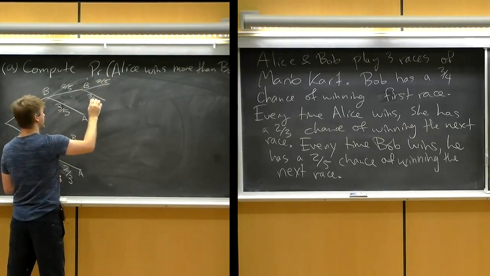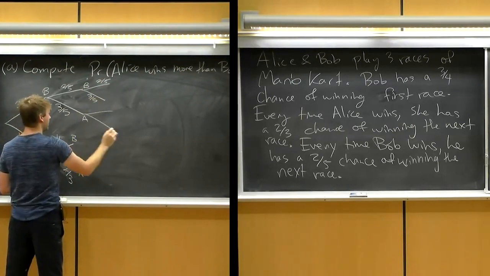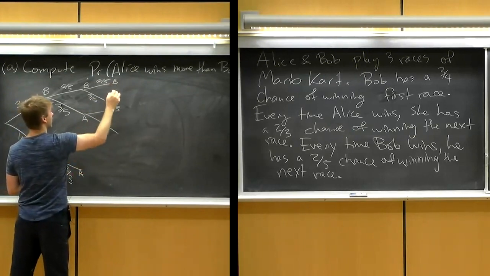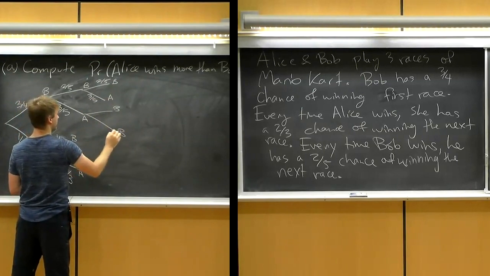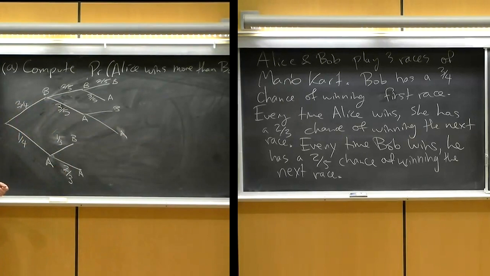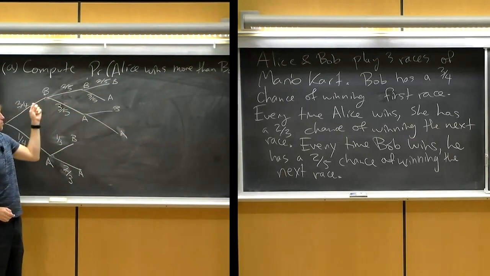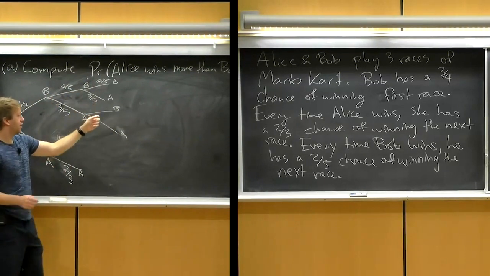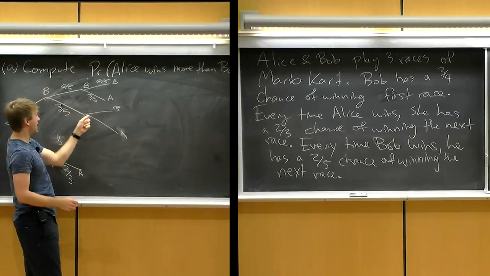I think for me, the hardest thing here is just making sure I write this whole thing down correctly. Okay. So for these branches, this was Bob won, Bob won. So Bob has a 2/5 chance of winning. Here it was Bob won, then Alice won.